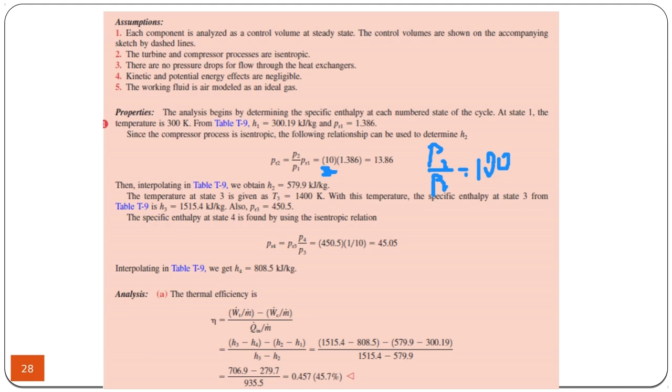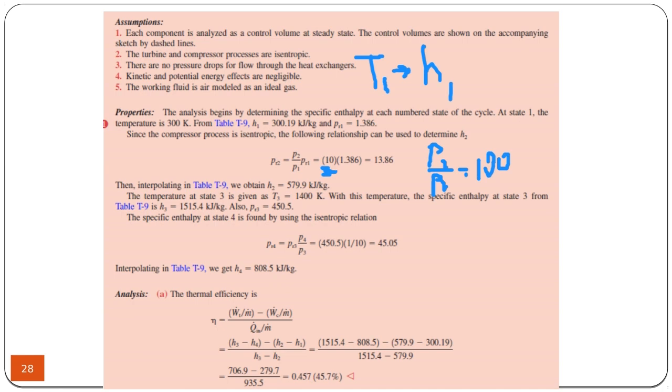We need to use the tables. So the first thing to do is to find the PR value and H value for state 1. So at the compressor inlet, we have T1. We go to the table. We read the values of H1 as well as PR1.